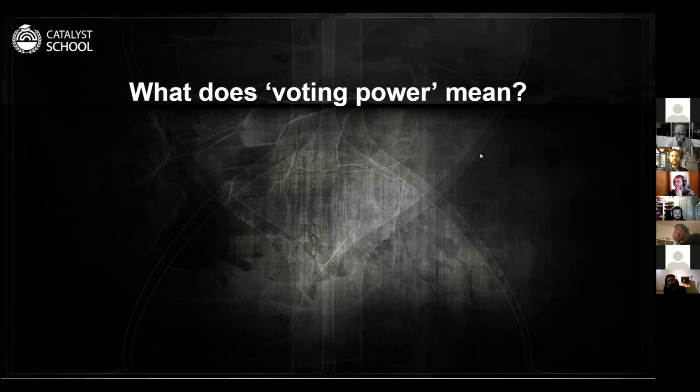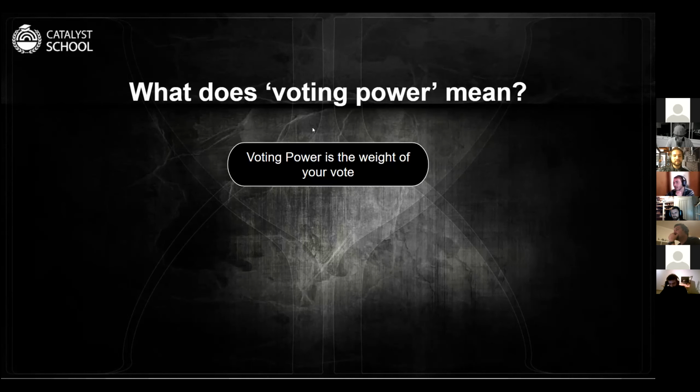Okay, so talking about the voting process itself now. In Catalyst, we've got this concept called the voting power. Not sure if you've heard about it already, but what does it mean? The voting power is the weight of your vote. Currently, not everyone has the same voting power, and this is directly proportional to the amount of ADA that you hold.